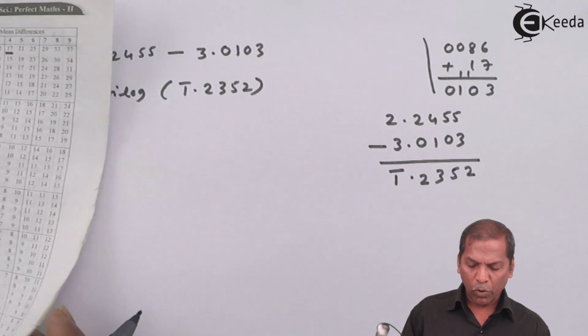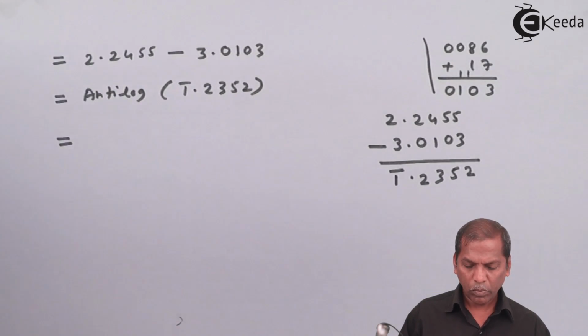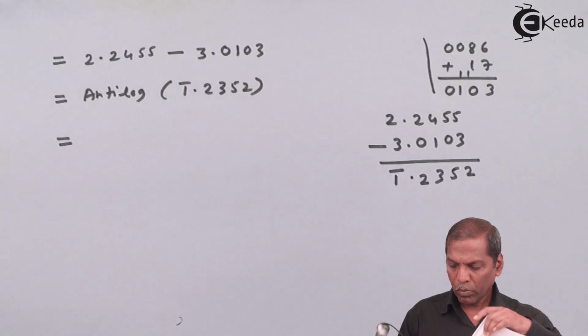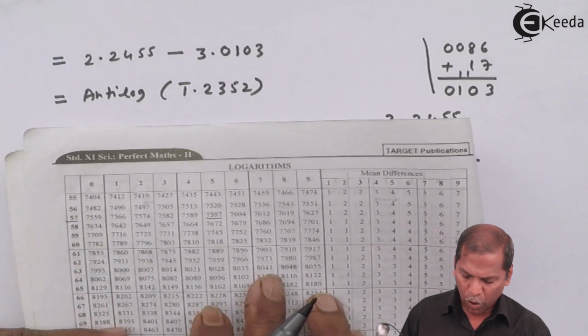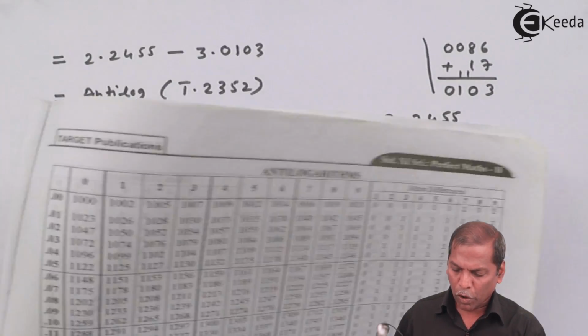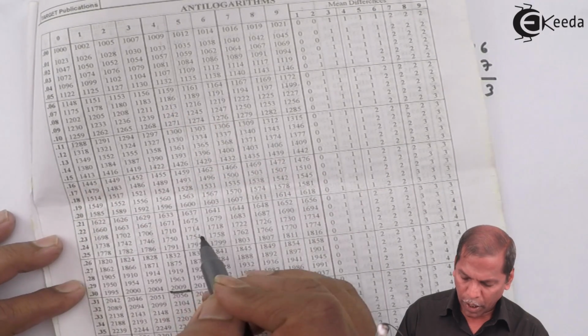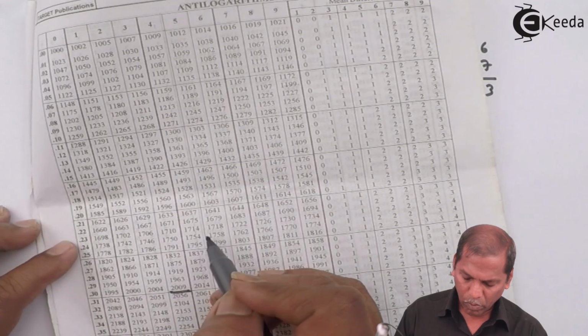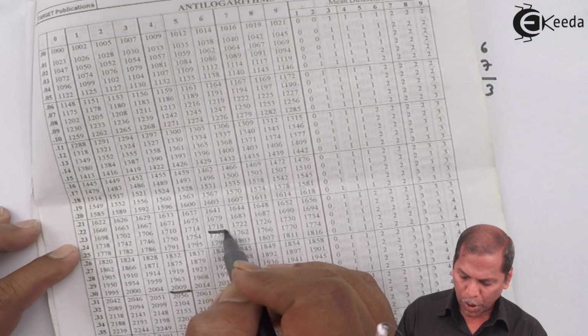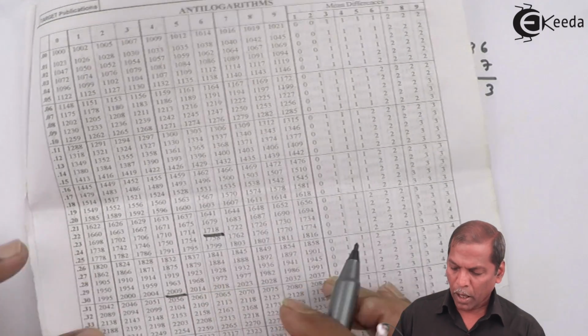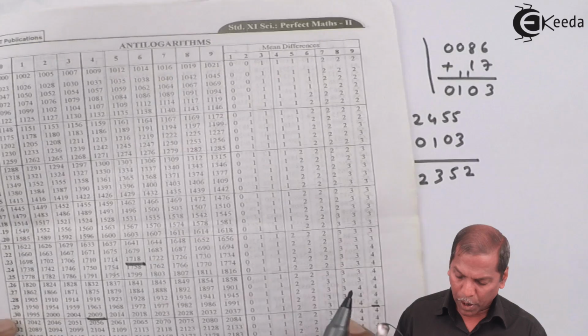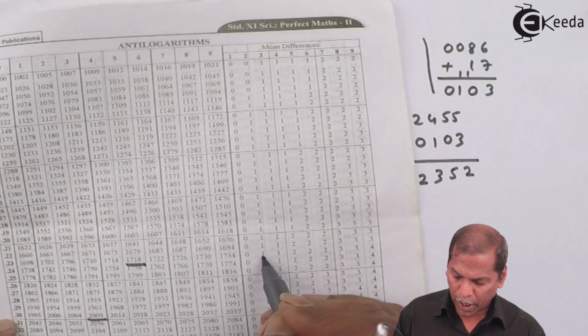So that equal to, now here we have to find antilog of 23 under 5, that gives 1718, and the mean difference is 2, so that gives 1.